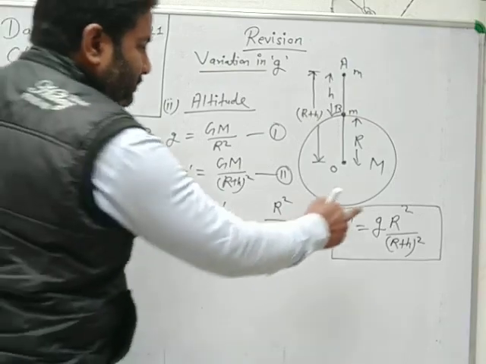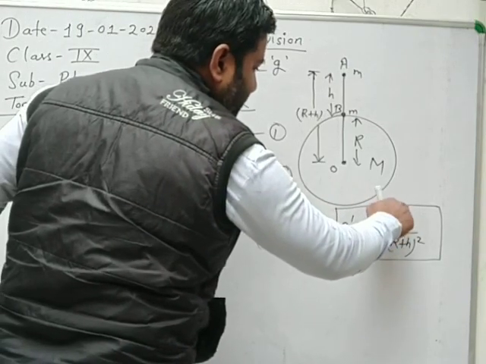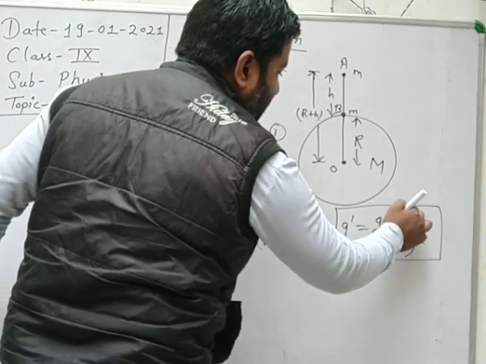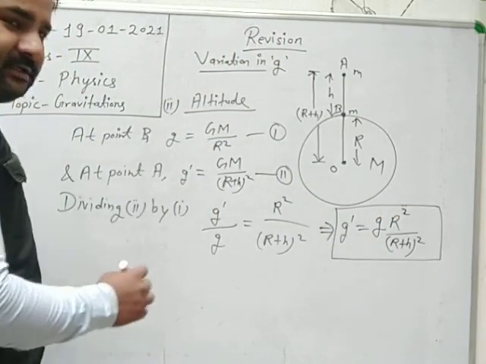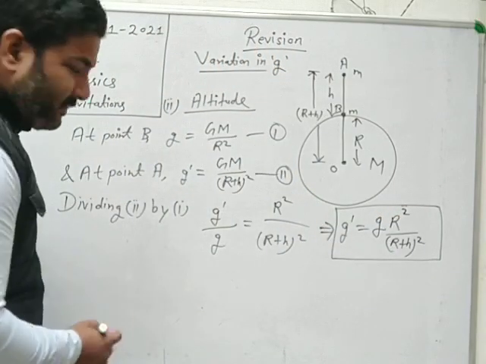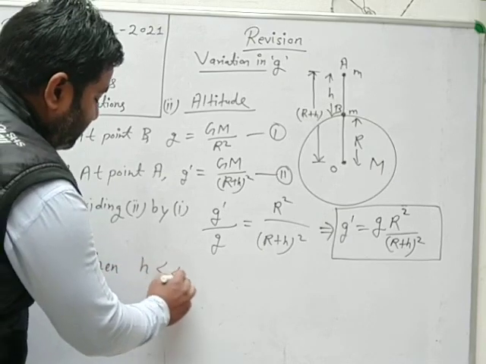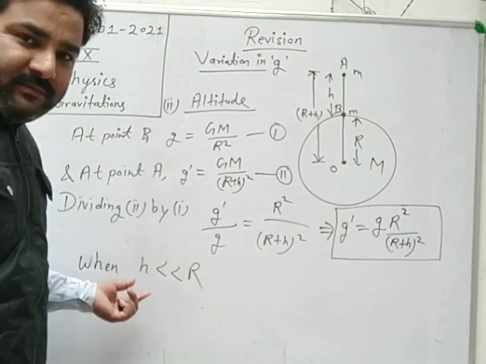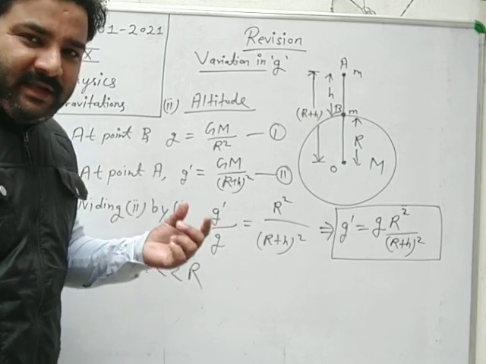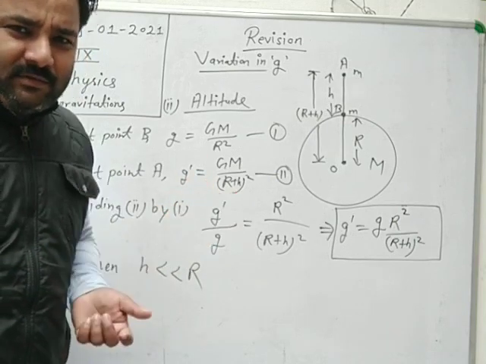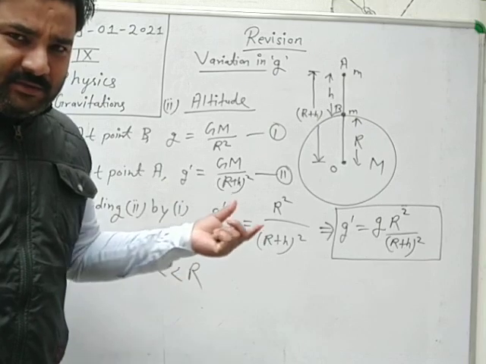Clear? So after this there are some changes in the calculation when h is much less than r. It means the height of the raised object is a very small value in comparison to the radius of Earth.